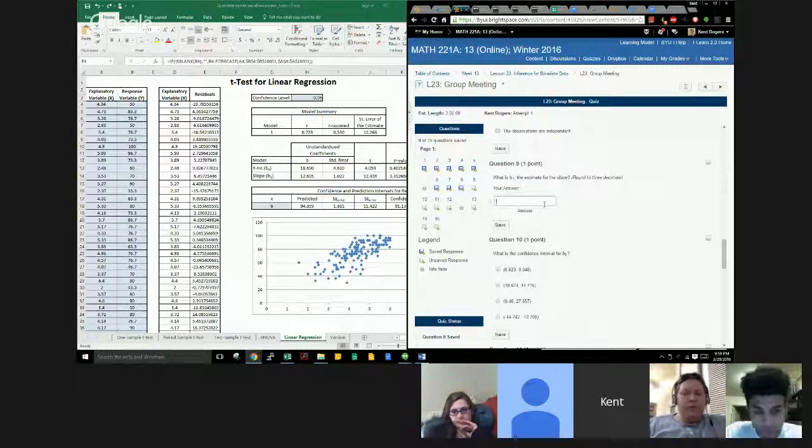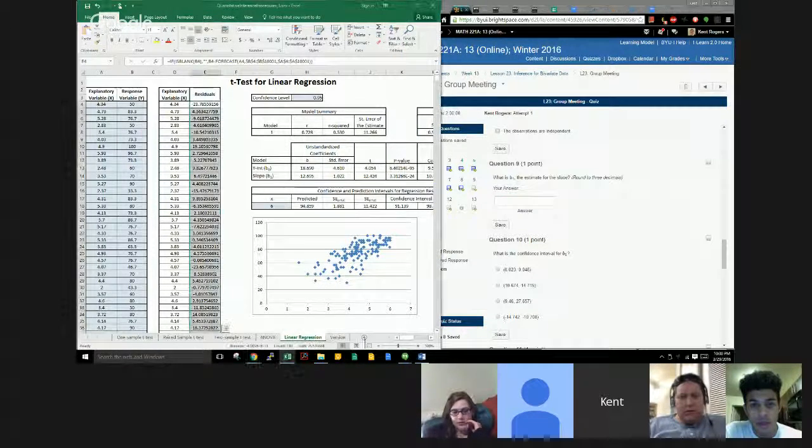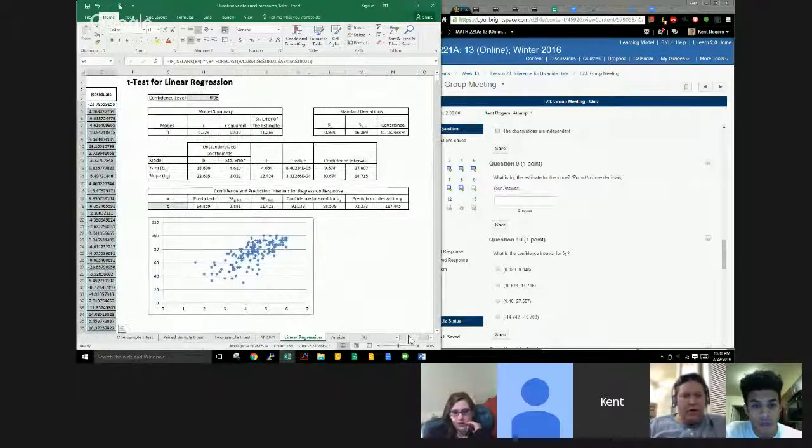Okay, cool. So what is B1? The estimate for the slope. So the estimate for the slope is 12.680. Is that what you guys got? I have 12.695. Oh, I know what I did.